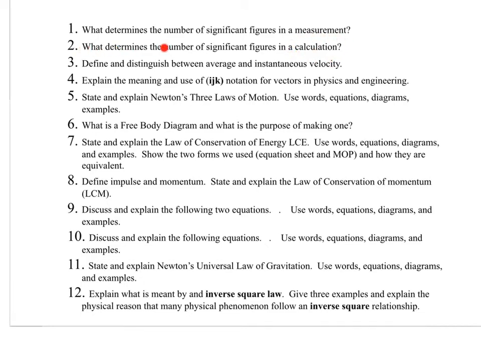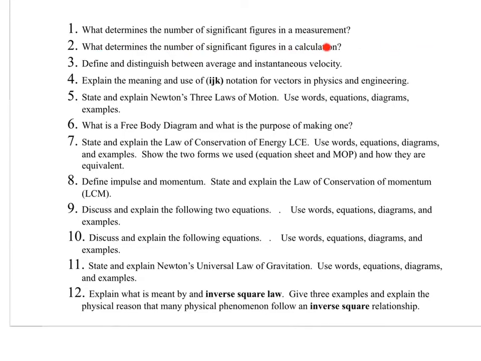Two different things. The calculation is determined by the rule. In multiplication and division, the number of significant figures has to match the number of significant figures in the data you used to do the calculation, whichever one has the least.